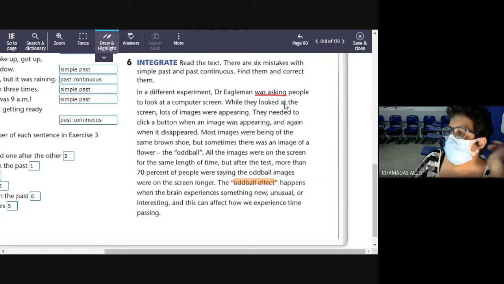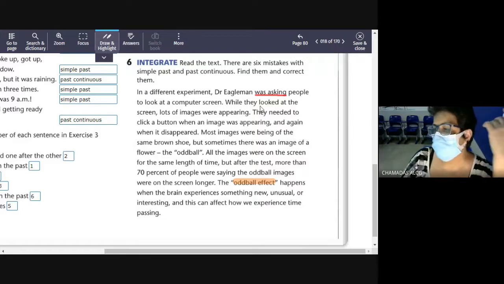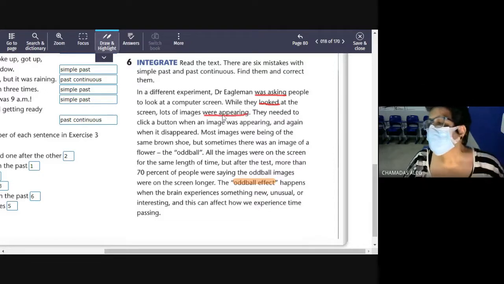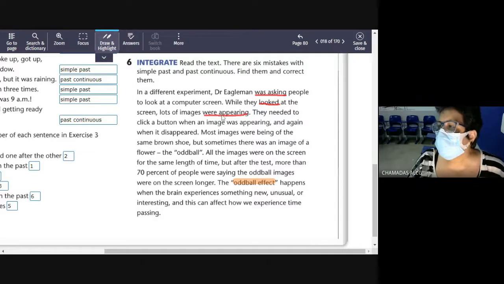While they looked at the screen, so here we can say while they were looking at the screen, okay, I think here this action is longer. Okay, so here, while they were looking at the screen, lots of images appeared. So this action here is in the simple past because this action repeated itself, okay?